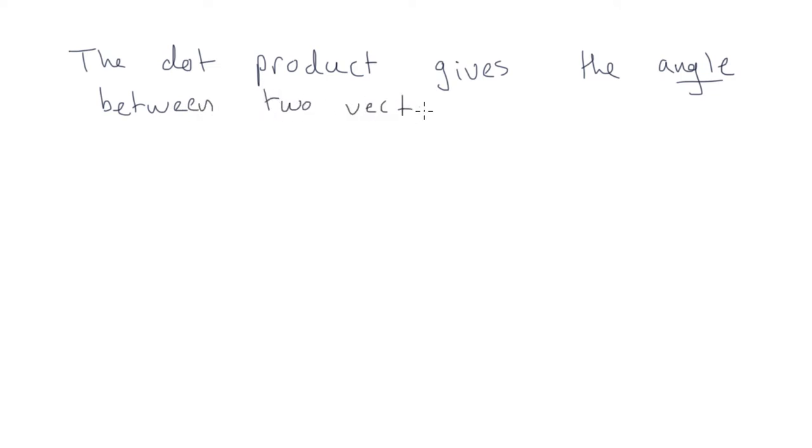What do I mean by that? There's a way to interpret this scalar value you get when you take the dot product of u and v.